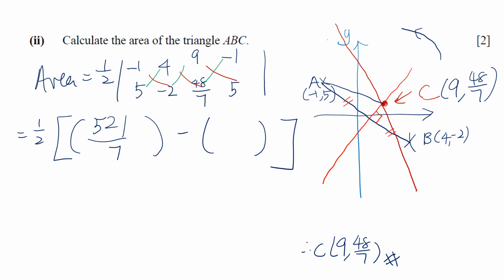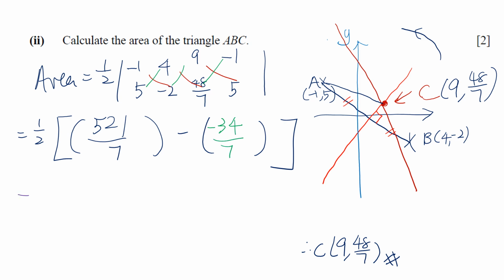So again, just use a calculator. 4 times 5, then plus 9 times negative 2, plus negative 1 times 48 over 7. That will give you negative 34 over 7.